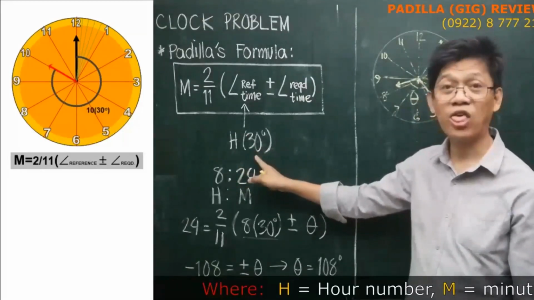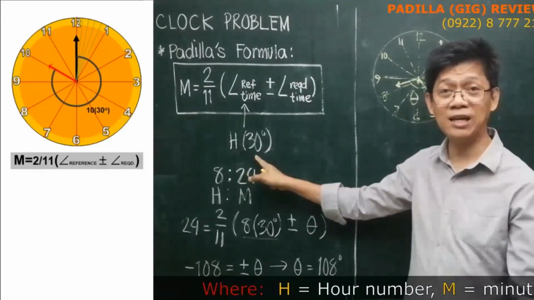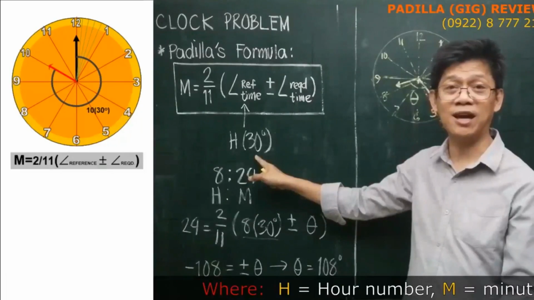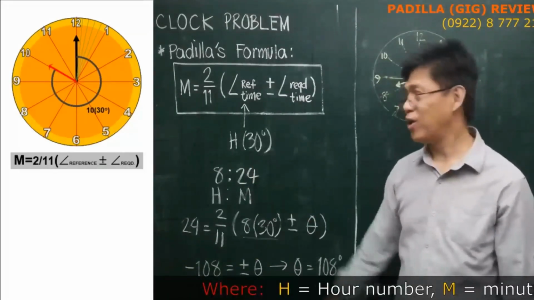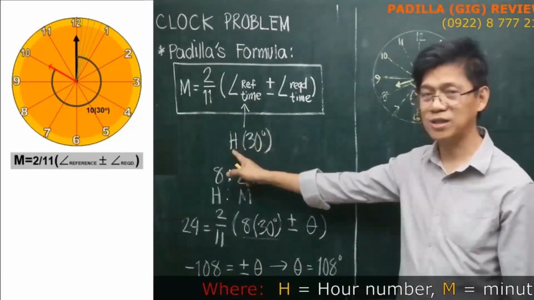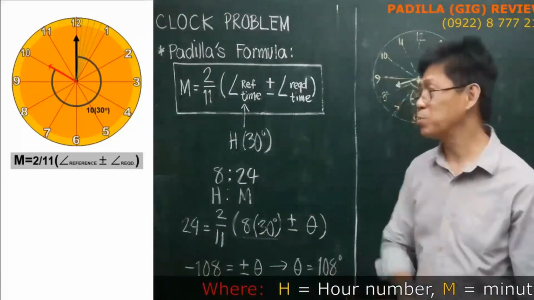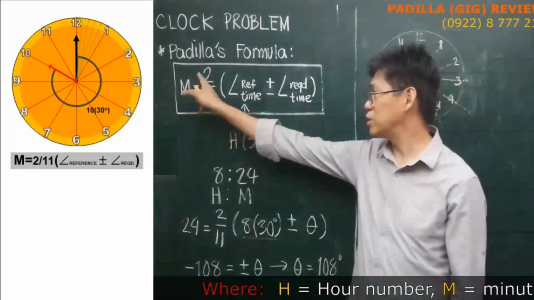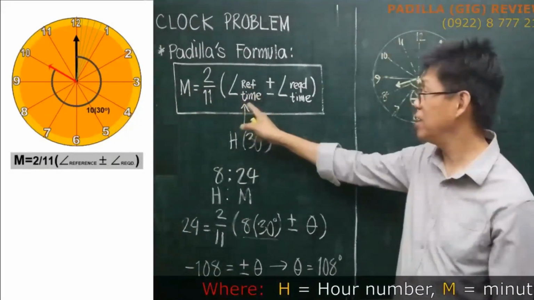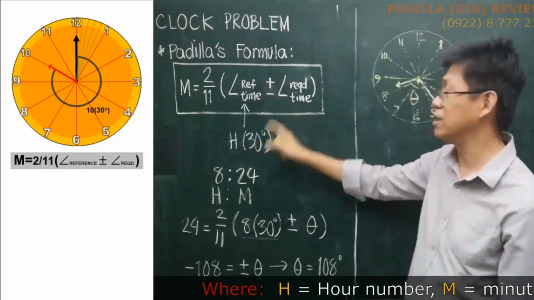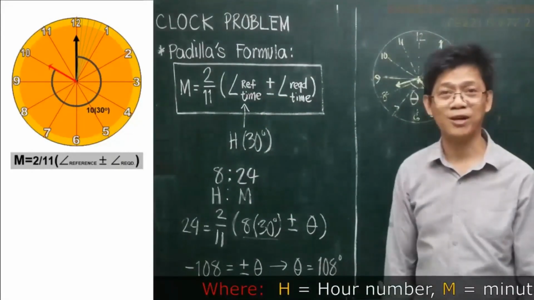Times 30, 300 degrees. The angle between the hour hand and the minute hand is 300 degrees. So, this one is simply H times 30. So, Padilla's formula, M is 2 over 11 times H times 30 plus or minus angle during the required time. Okay?